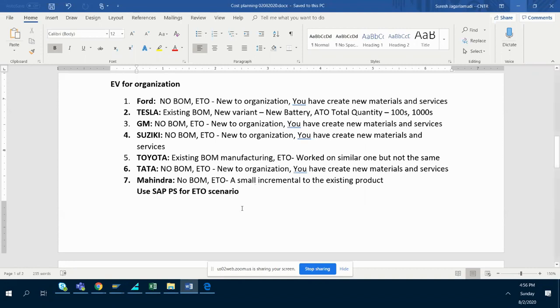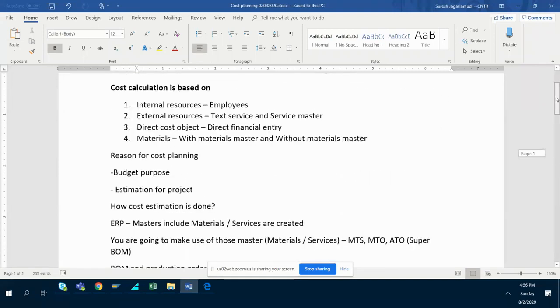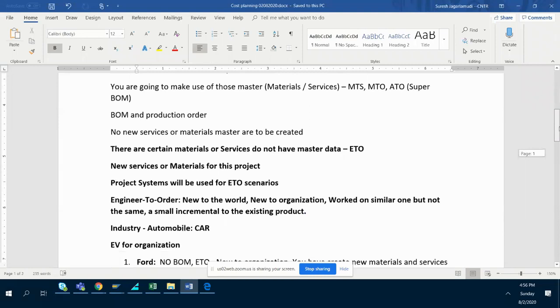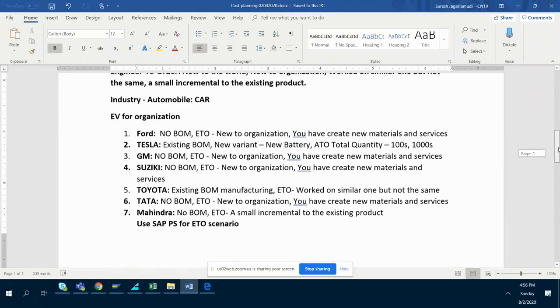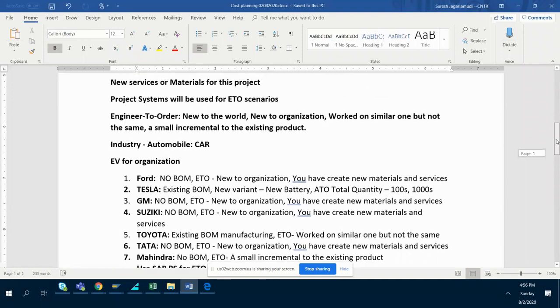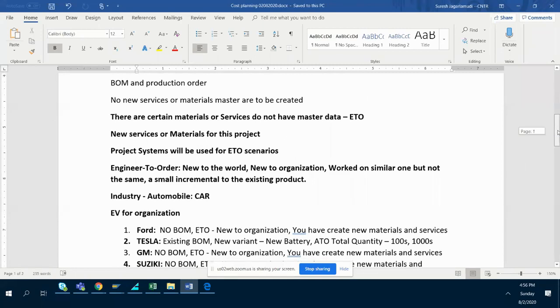Now, coming to that one, why we are telling these basics is related to our cost planning. If it is MTS, you are going to use 100% repeatedly, same thing. If it is MTO, yes, you are going to use that same thing again, may not be 1,000 times or 100 times, but one time or two times you are going to make use of it.